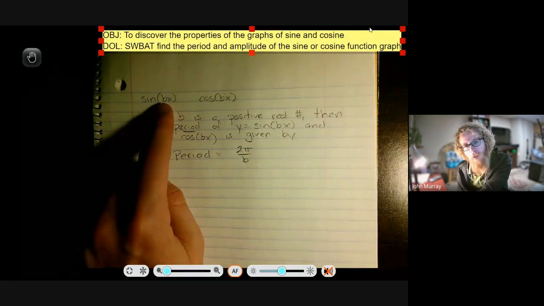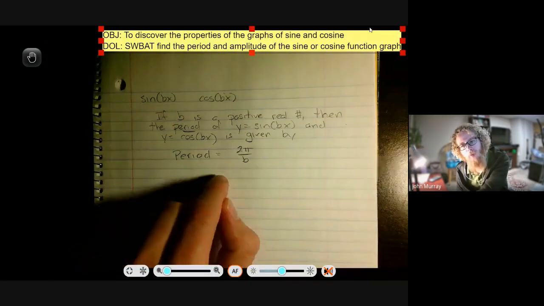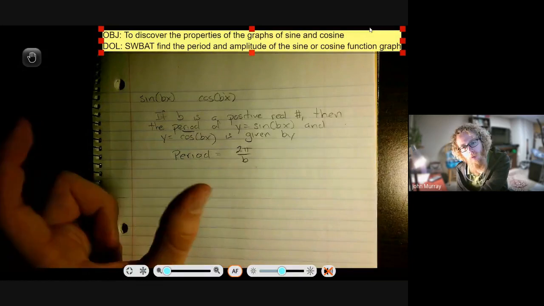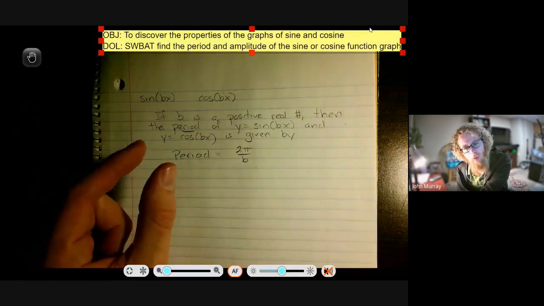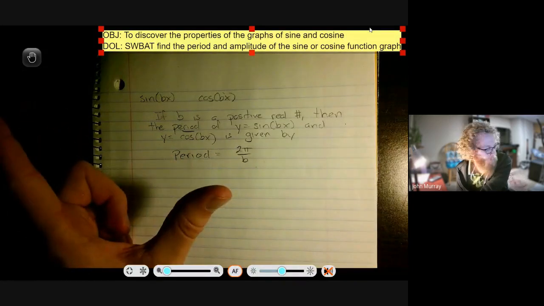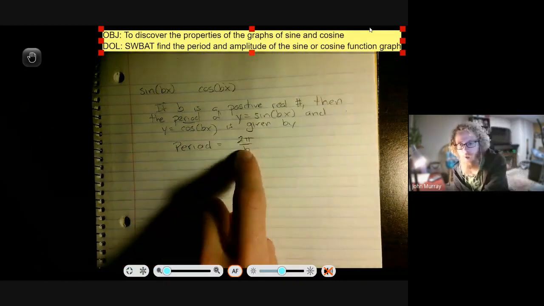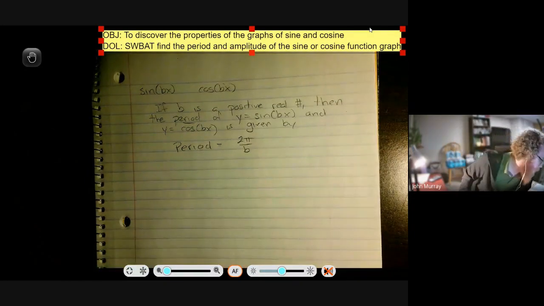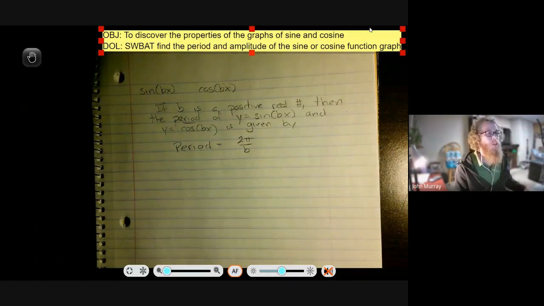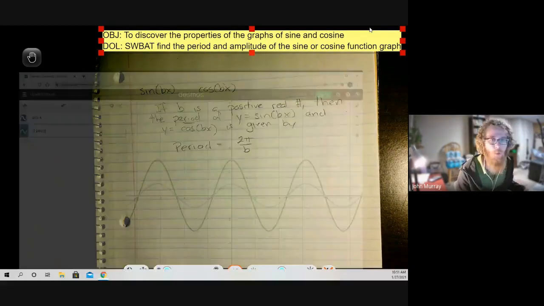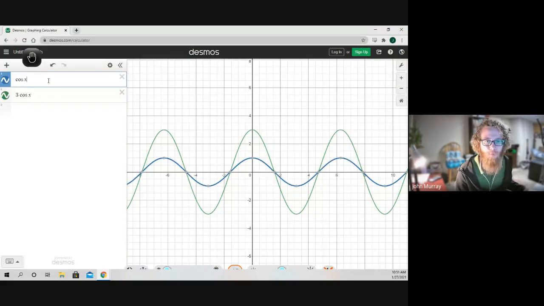So if I'm multiplying it by some larger number, that's going to affect the period. That's going to either make the period shorter or longer, right? And we get this relationship 2 pi over b. So let's take a look at what happens, and we'll compare it to what we see here.